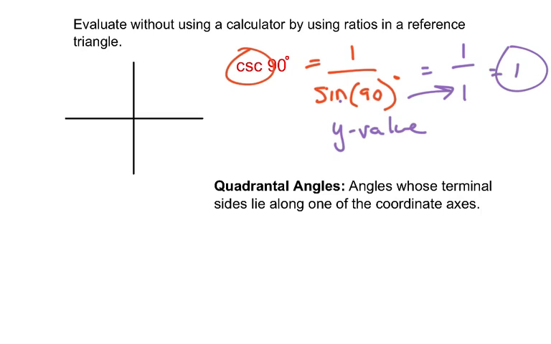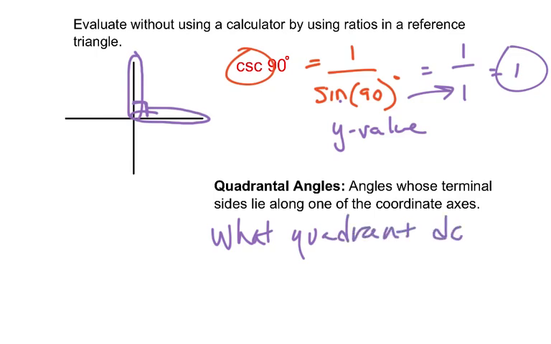We also have our idea of quadrantal angles. I know, it's a weird word, quadrantal angles. Wow, that's getting me today. Quadrantal angles are angles whose terminal sides lie along one of the coordinate axes. So quadrantal angles are basically this one here, and so it's very hard to say what, for instance, quadrant does 90 degrees lie on, right?